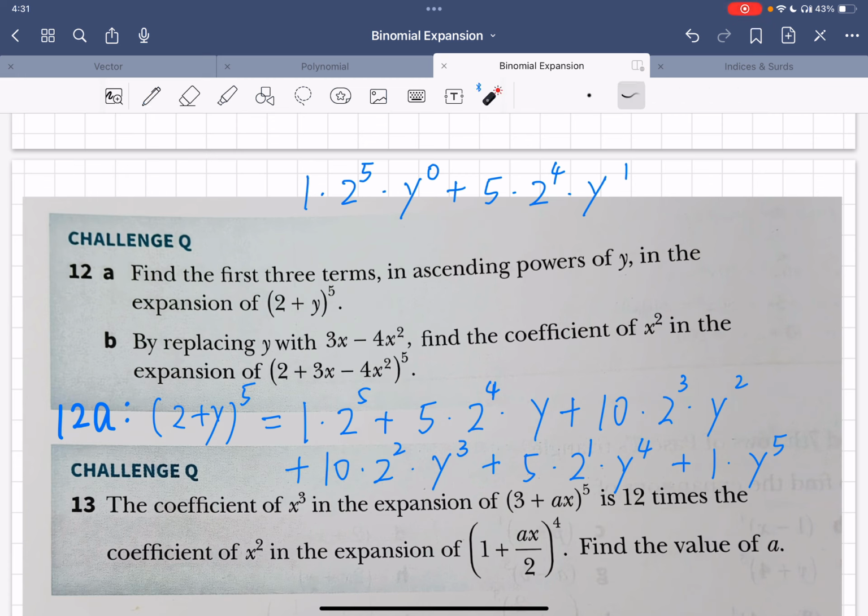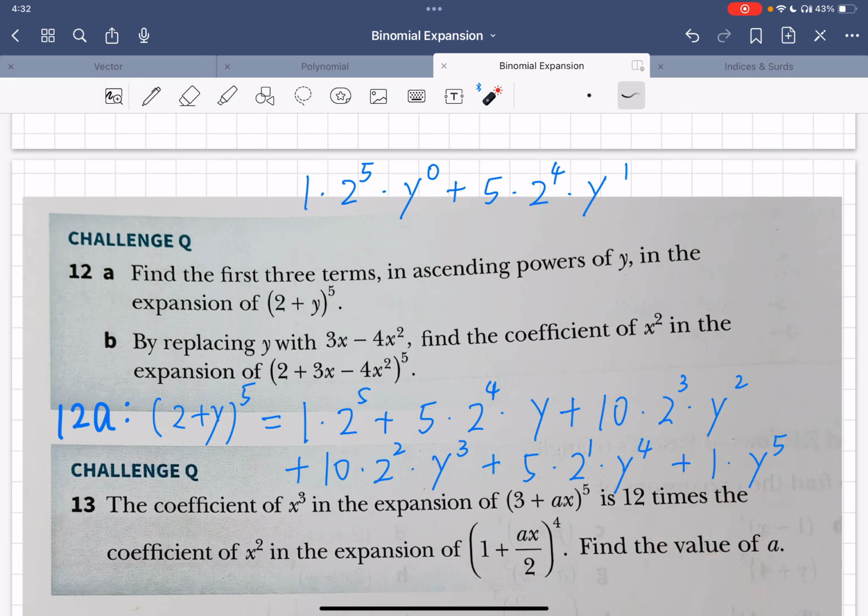The power for y increases from 0 until 5. The power for 2 decreases from the highest power 5 to its lowest power 0. Because 2 to the power 0 equals 1, I didn't add this term here.